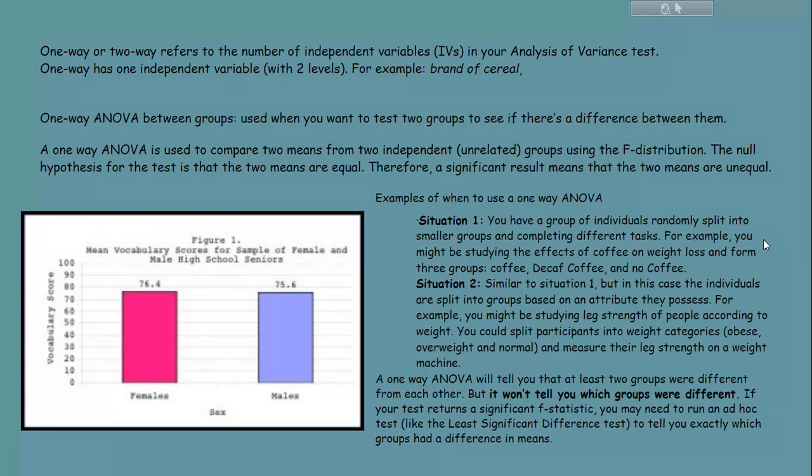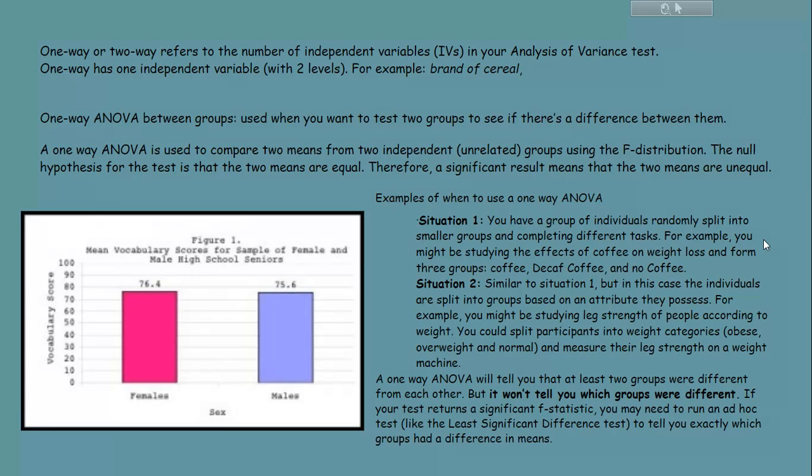A one-way ANOVA between groups is used when you want to test two groups to see if there's a difference between them. So again, we're looking at two groups and we're looking just at the differences. A one-way ANOVA is used to compare two means from two independent or unrelated groups. And what we're looking for here and what we're using is the F distribution.